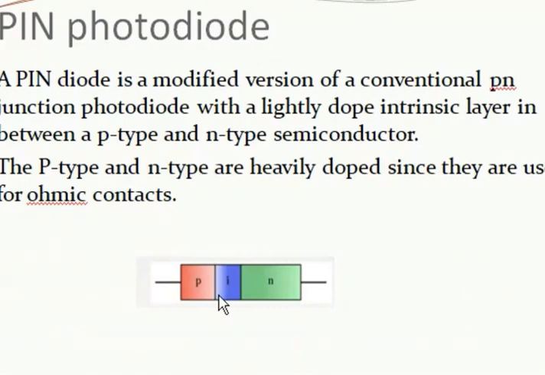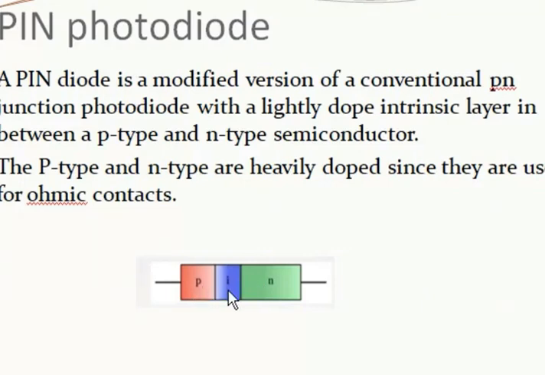As we know, when a semiconductor is doped heavily, its conductivity increases but its resistance decreases. So these two semiconductors at the sides are doped heavily. This creates a sort of PIN structure.